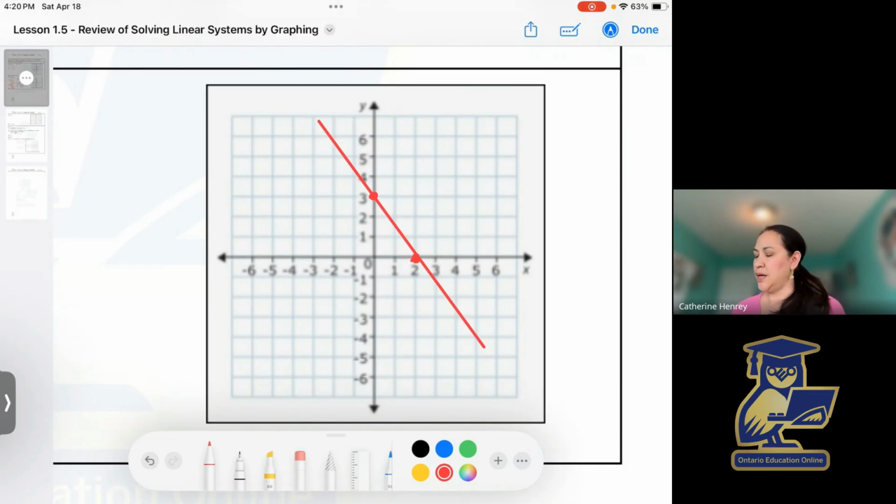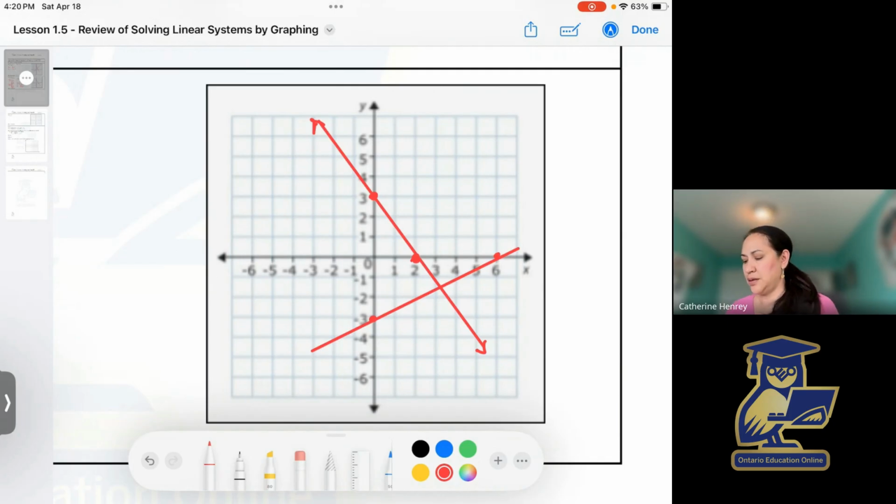All right. And then I will graph the second line, which the x-intercept was 6. And the y-intercept, sorry, plotted that on the wrong point. Sorry, the x-intercept was 6. And the y-intercept was negative 3. So I have those 2 points.